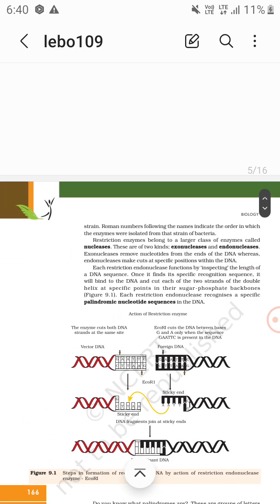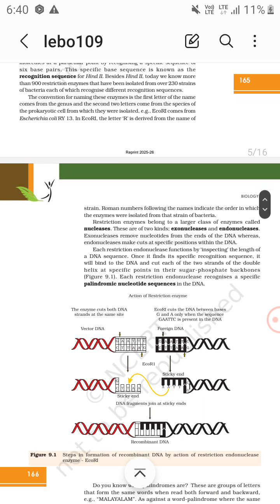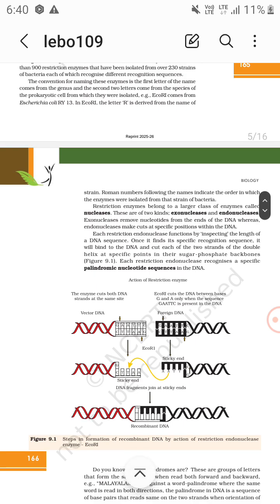Now you see, nucleases are of two kinds, exonucleases and endonucleases. Exonucleases remove nucleotides from the ends of the DNA, whereas endonucleases make cuts at specific positions within the DNA. That is why exonuclease and endonuclease. And what about restriction endonuclease? These are kind of special.